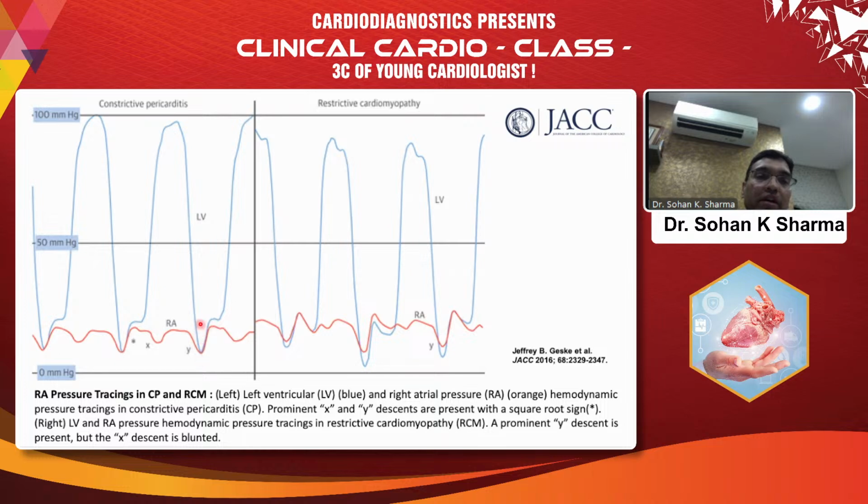There is a Y descent, X descent. X descent is not seen on the right side, but Y descent is there, and dip and plateau configuration is also there. This is elevated diastolic pressures with rapid filling LV, rapid filling wave, and there is a dip and plateau configuration.